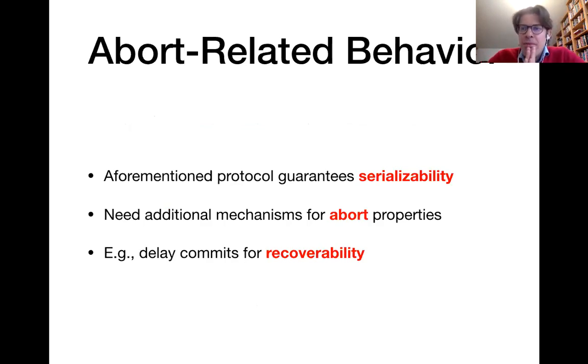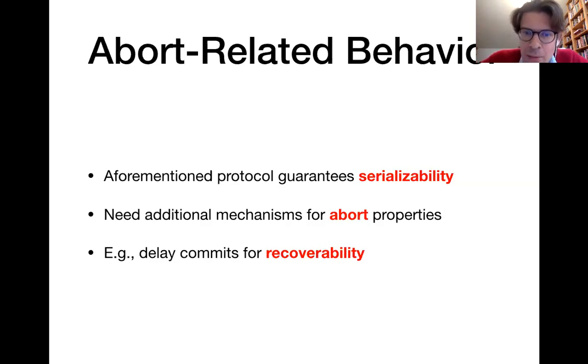So what we have seen so far for multi-version concurrency control essentially only deals with serializability, but it doesn't give you any abort-related properties. For instance, one important property is that the schedule is recoverable, because we don't commit a transaction before other transactions it has been influenced by have committed. And the protocol we have seen so far does not yet take care of those properties.